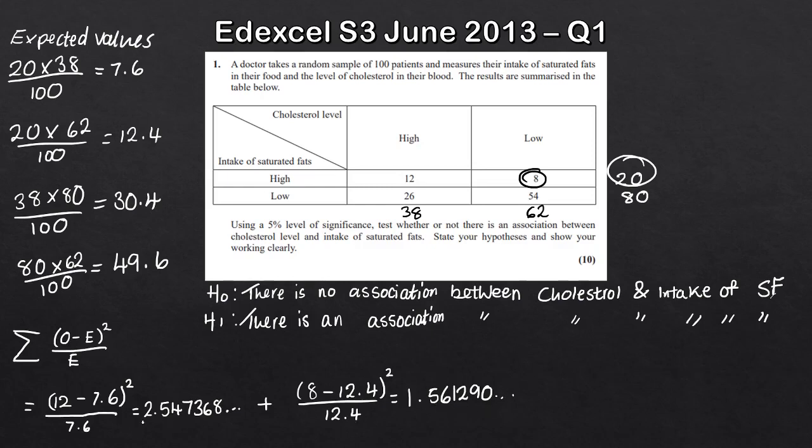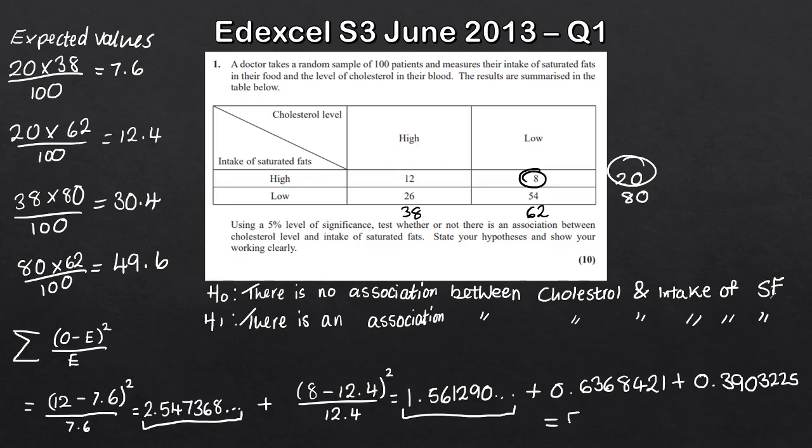So I've got this one so far. We've got this one. We also need to add these two values as well. So your next value will be 0.6368421 plus 0.3903225. If you add all of them together, what we get here is 5.136 there. Okay, so that's our test statistic.